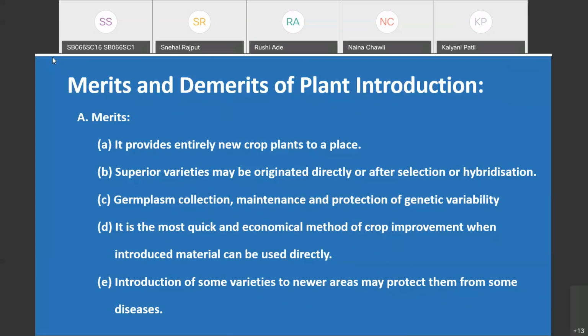That is the classical example: when a certain variety is attacked by a particular insect, pest or disease in one country, that plant material is introduced in another country to preserve that crop variety.